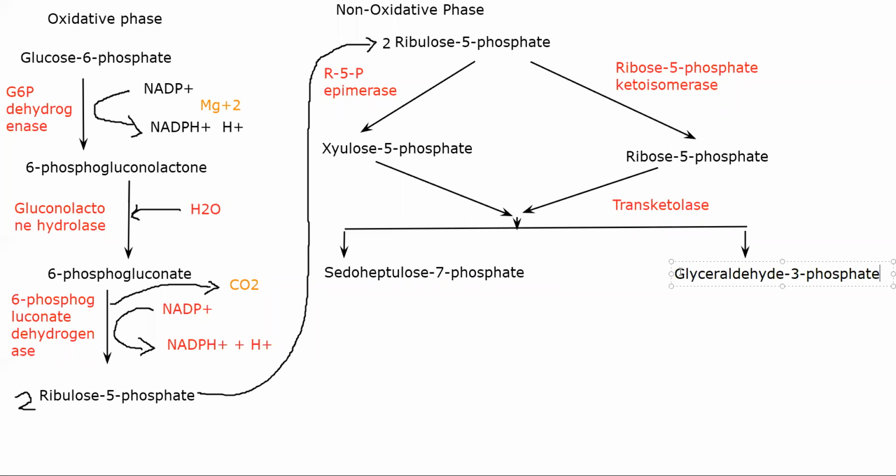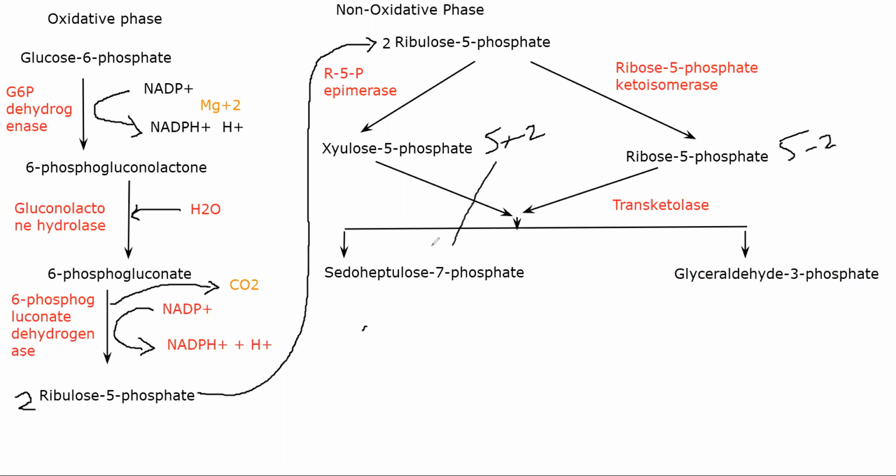I will subject them to transketolase, because of which 2 carbons are transferred between them. Think of it this way: 2 carbons are being shifted between ribose 5-phosphate and xylulose 5-phosphate. Let's suppose I have a 5 carbon molecule here, and I have a 5 carbon molecule here. I am subtracting 2 carbons from here and I'm adding 2 carbons here.